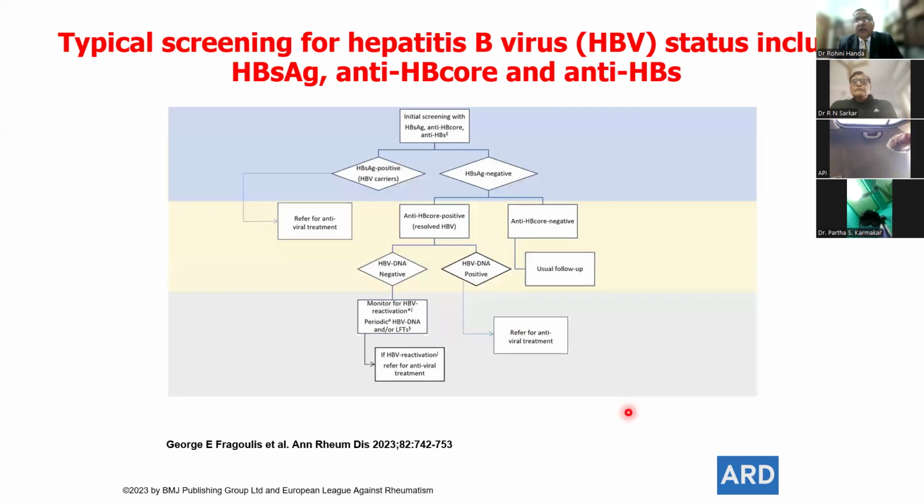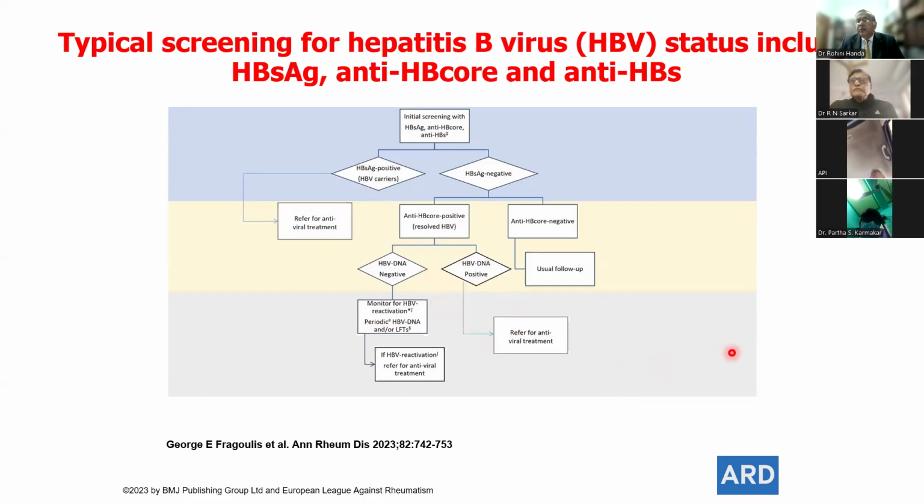As students of medicine, you know that screen with HBsAg, anti-HB core antigen, then you also anti-HBs. Those who are positive should be given antivirals before targeted treatments. HBsAg negative, anti-HB core positive, look at the DNA levels.